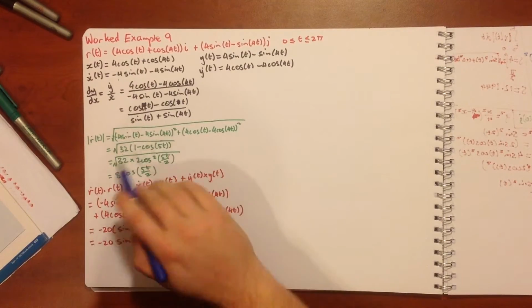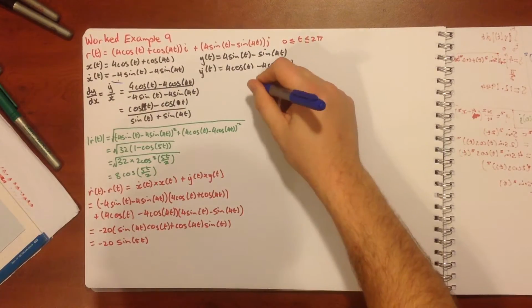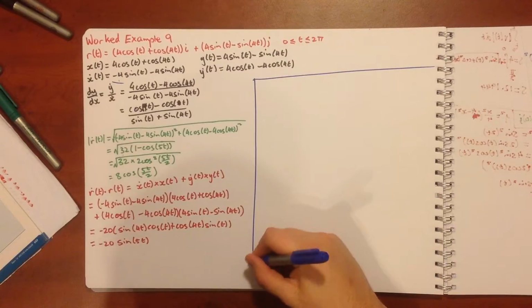So we've got to find the derivative of our x dot of t and y dot of t. So come over here.